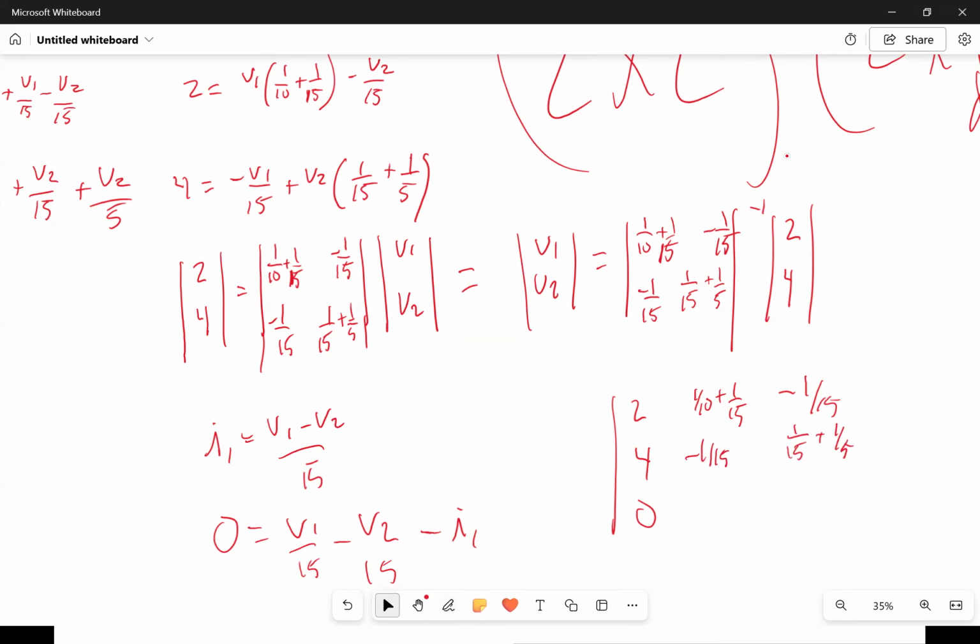And my last equation, oops, sorry, I'm doing too many steps in one fell swoop. So then my last equation, which is this final one over here, I've got 1 over 15 minus 1 over 15, but I have an additional variable. I have a minus I1, correct?